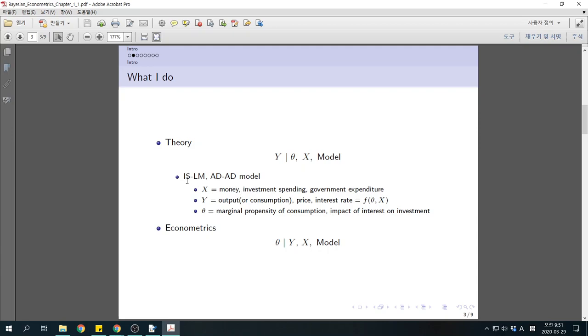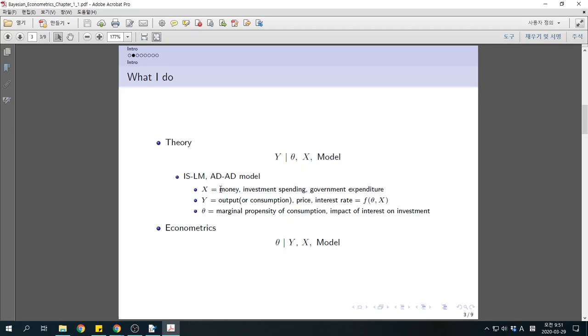For example, this IS-LM AD-AS model is just a closed economy. If we believe that economies are open, then there must be at least more than two countries. Then you would not believe the IS-LM model, so you would not use this model for forecasting future output, prices or interest rates.